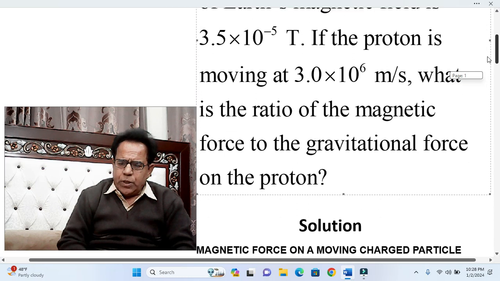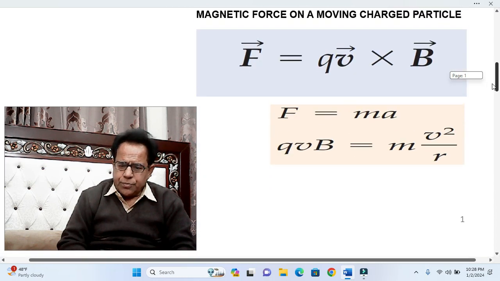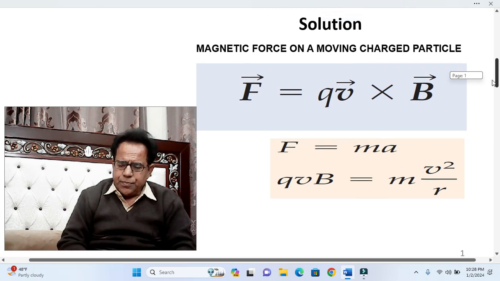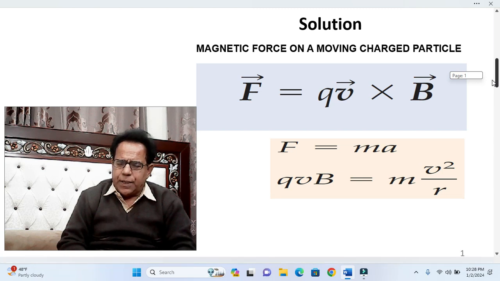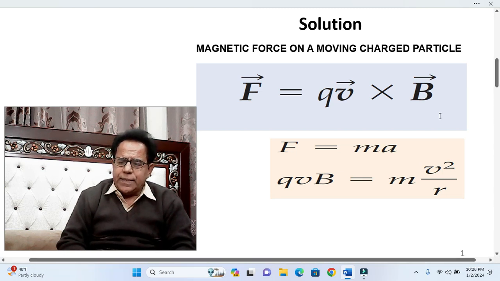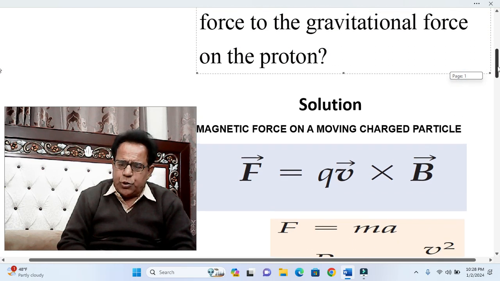It is actually about the magnetic force on a moving charged particle. This is the first snapshot regarding the solution of this problem, which will provide us a foundation.